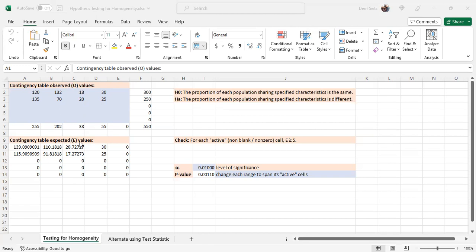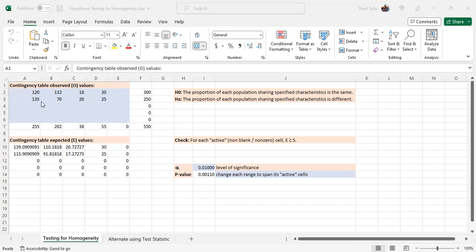an expected value table. In the contingency table up here with the blue cells, one of the rows is for one of the populations and the columns are the characteristics, and the other row is for the other population with its corresponding characteristics.